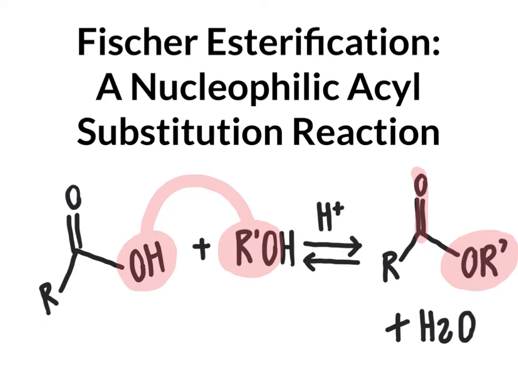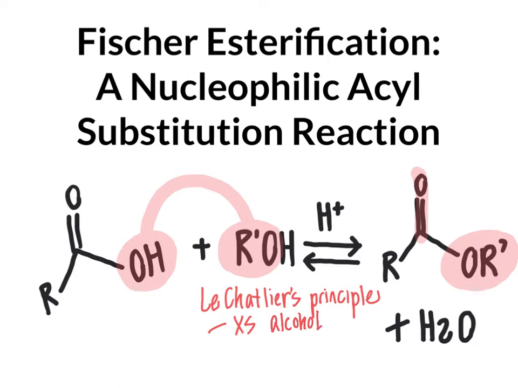In order to force the equilibrium to favor the side of the ester product, we can apply Le Chatelier's principle from general chemistry to devise ways to force the equilibrium toward the side of the products. One way is to use an excess of one of the two reactants. Generally, the excess is used of the alcohol reactant, forcing the equilibrium toward the side of the product.